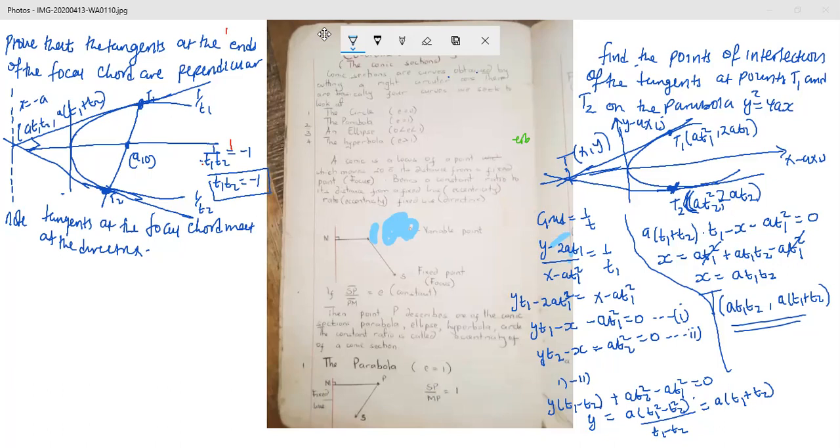So get the gradient from point capital T to capital T1. You know capital T1 has (a t1 squared, 2a t1).